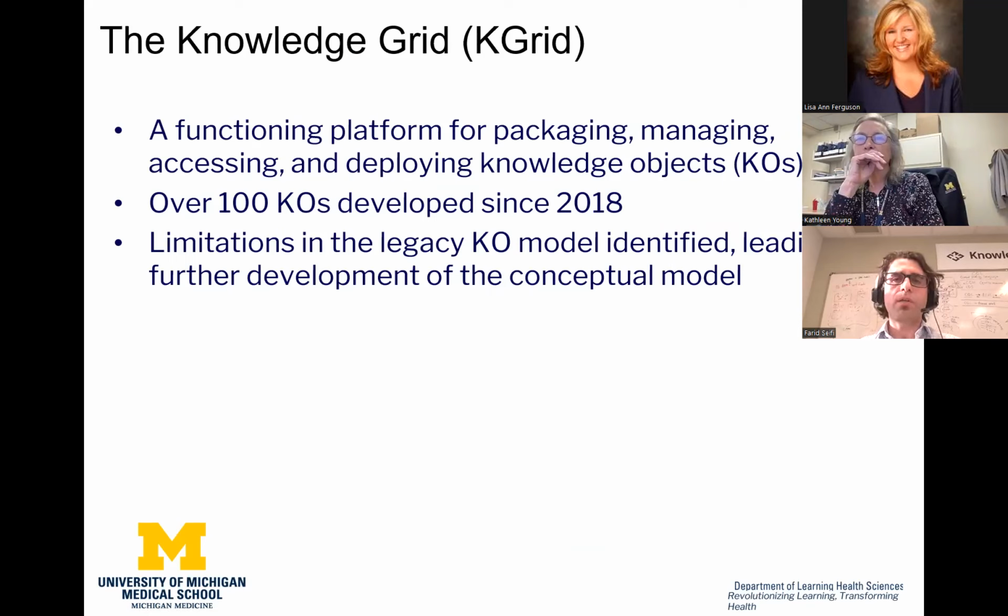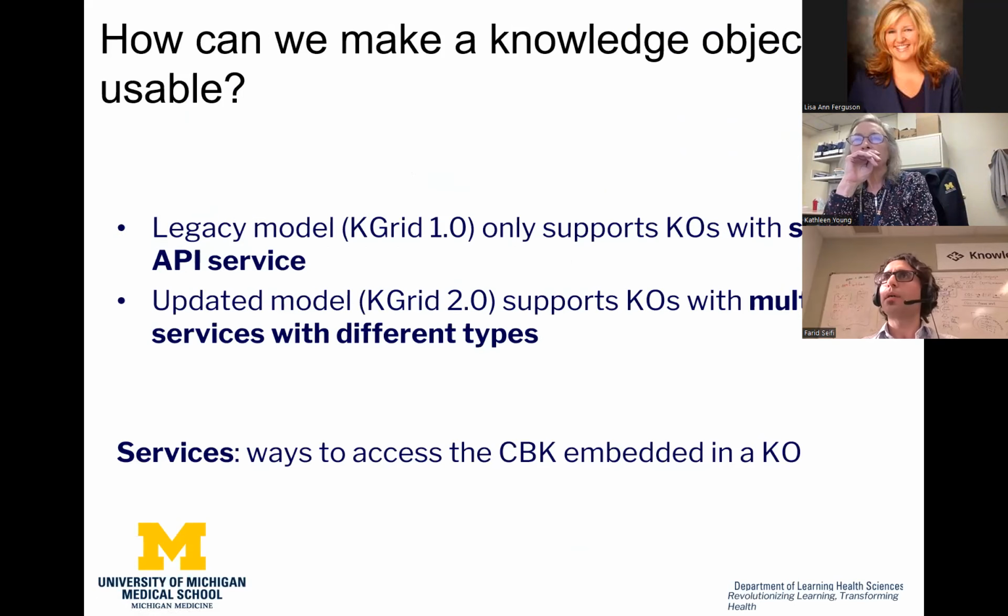Through that work, we have identified limitations in the legacy model that led to further development of the conceptual model. Mainly, we wanted to address the question of how we can make a knowledge object more usable. The limitation in the legacy model was that it only supported a single API service as the only way to access knowledge objects.